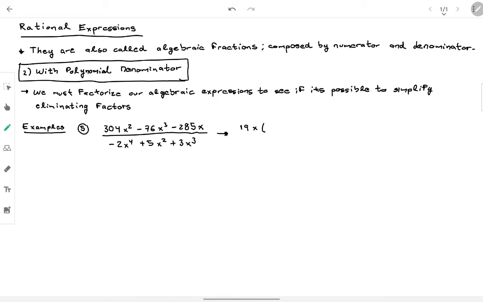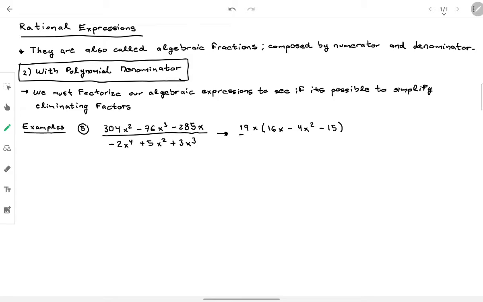So on this one, it's going to be 16x minus 4x squared minus 15.